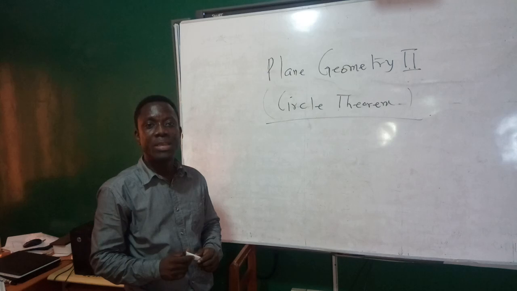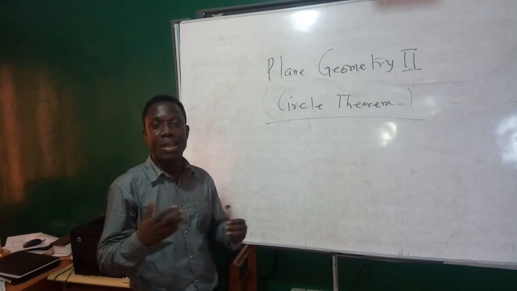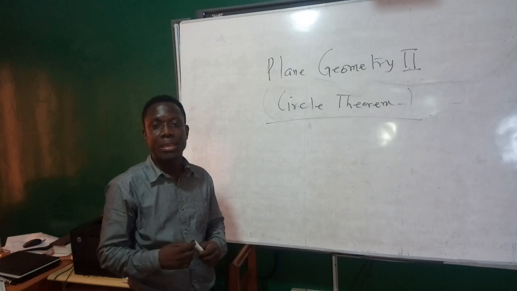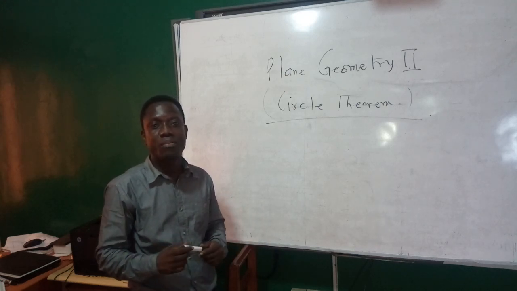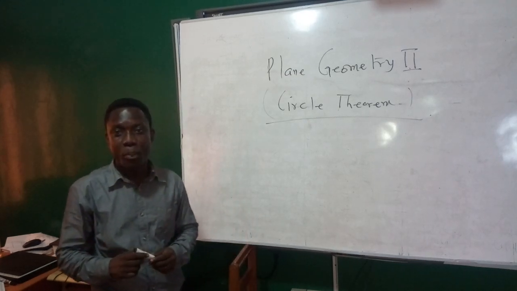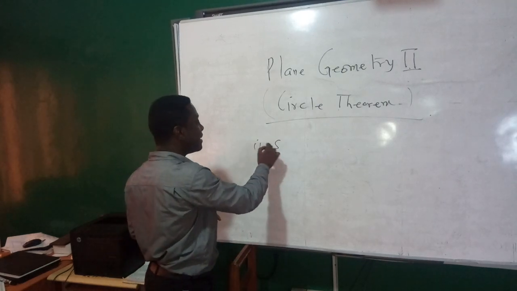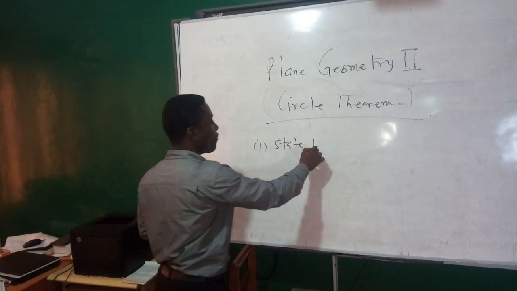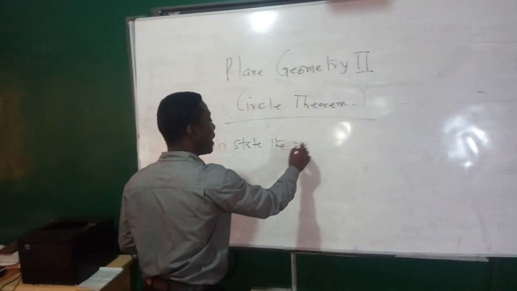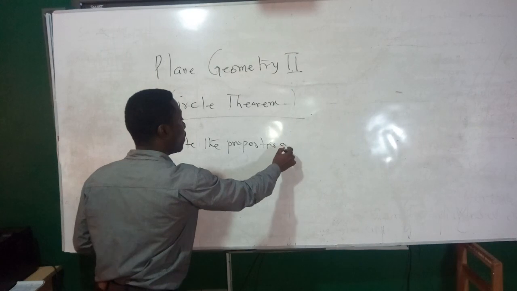Now, what are the lesson objectives? At the end of the day, what do we expect that you will take away? Two things basically. One is that you should be able to state the properties or the theorems.